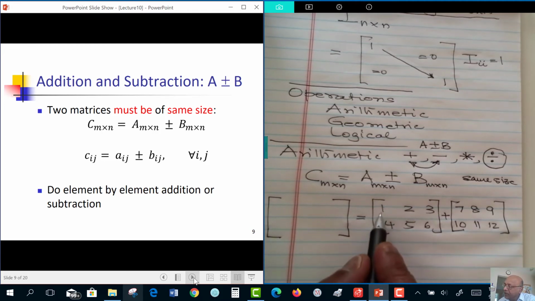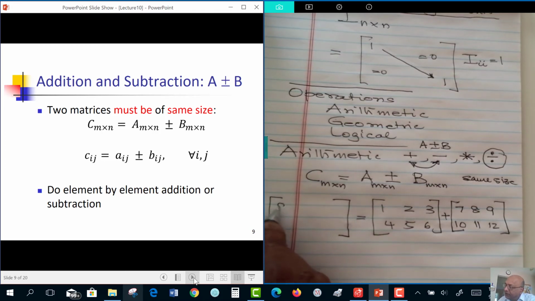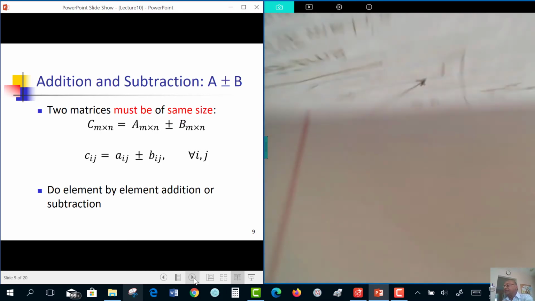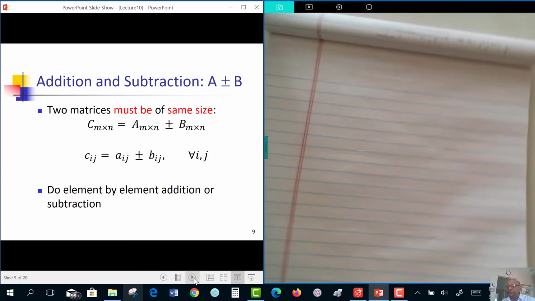So we just add element by element. 1 plus 7 is 8, 2 and 8 is 10, 3 and 9 is 12, 14, 16, and 18. So we say C_ij is A_ij plus or minus B_ij. That's element-by-element addition or subtraction that gives us the result.